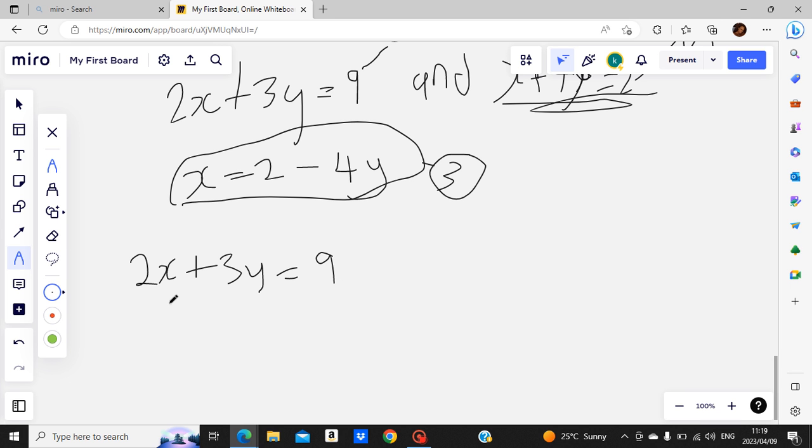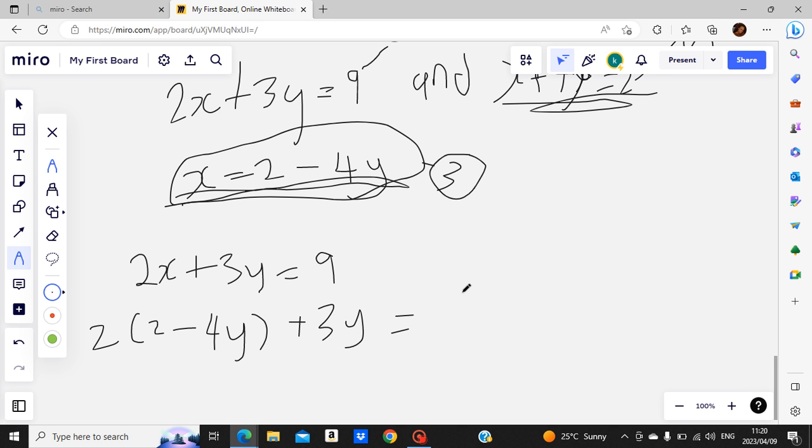And then what's our x for our equation 3? This is like an imaginary equation. We can just call it equation 3 imaginary equation. So x is 2 minus 4y. So we're going to come and say 2 times 2 minus 4y plus 3y equals 9.